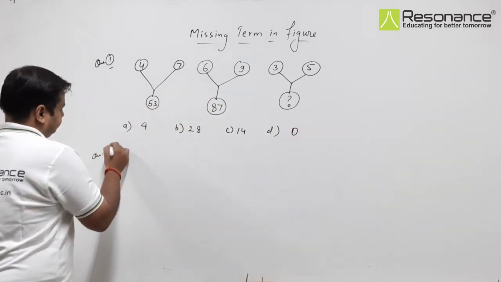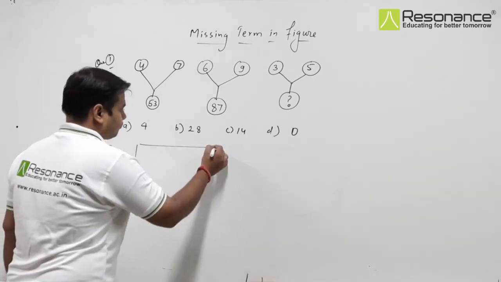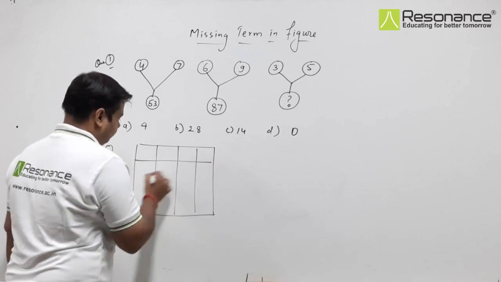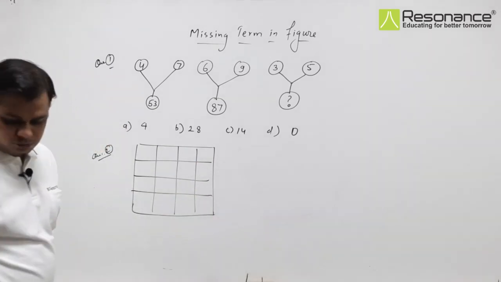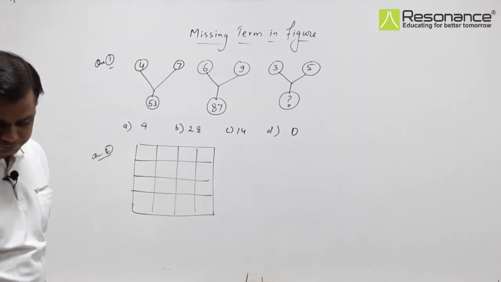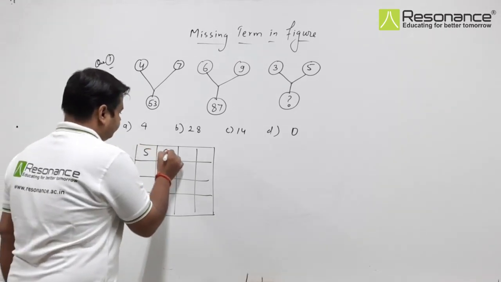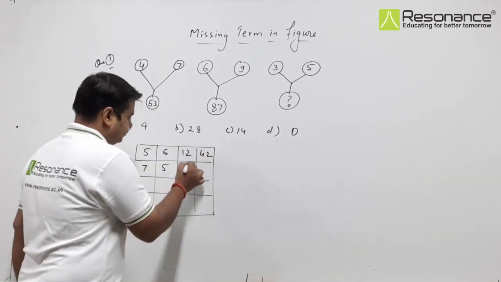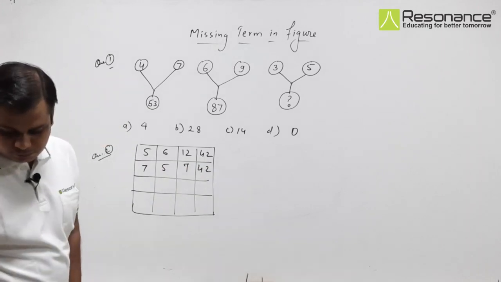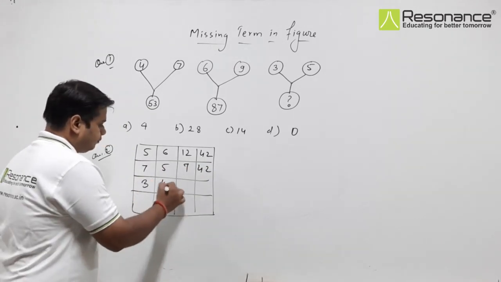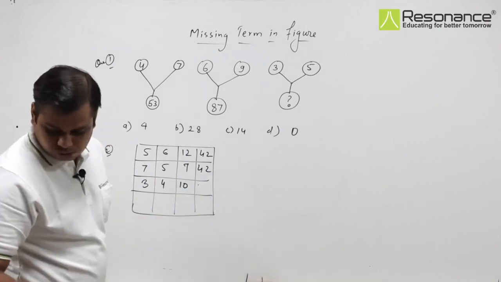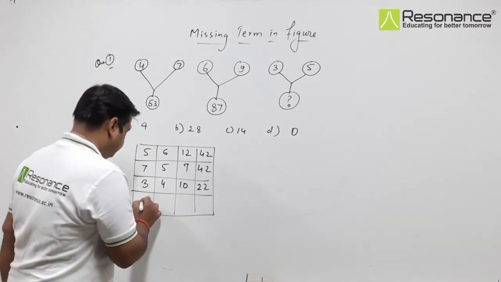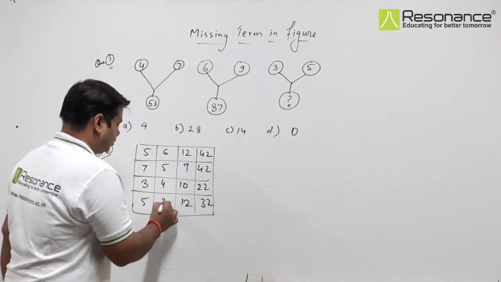Second question, we have a grid of 4 by 4: 5, 6, 12, 42, 7, 5, 7, 42, 3, 4, 10, 22, 5, 12, 32, question mark.